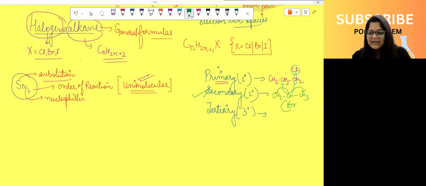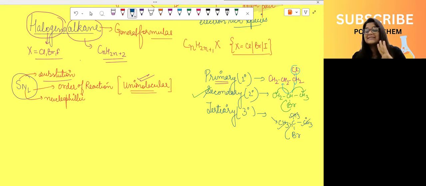So now I hope you are able to understand and think of tertiary. The halogen is attached to a carbon, which is further attached to 3 carbons. That's the case of a tertiary halogenoalkane, right?